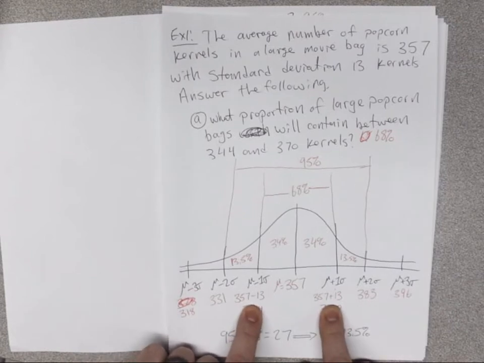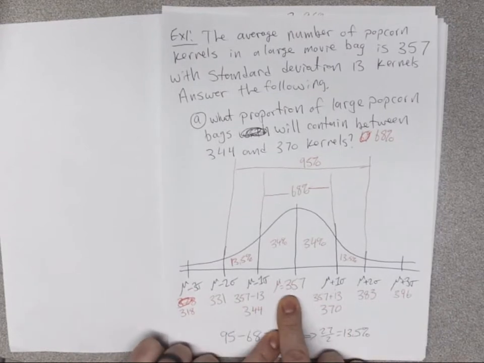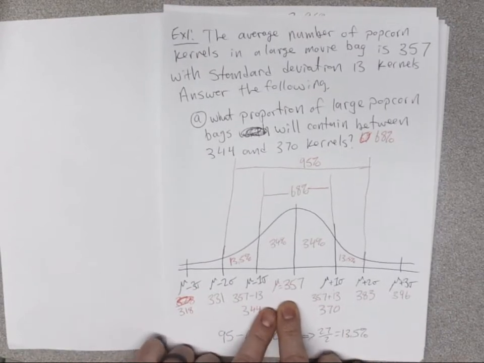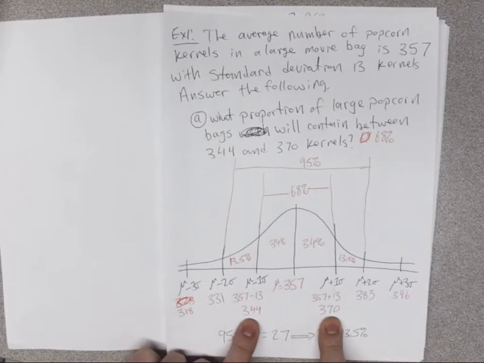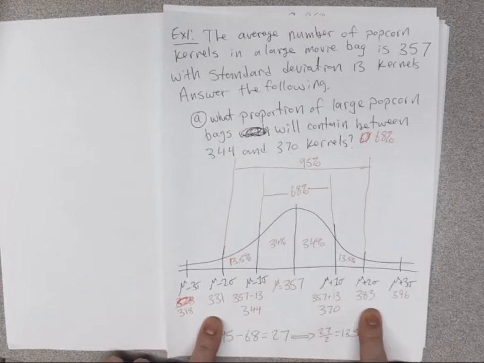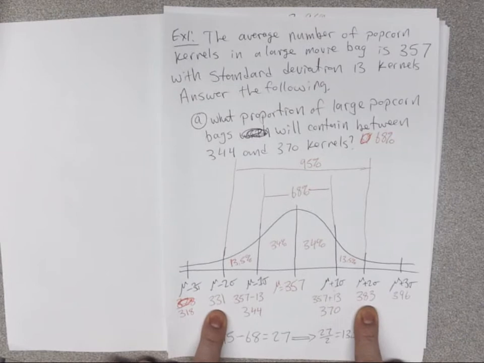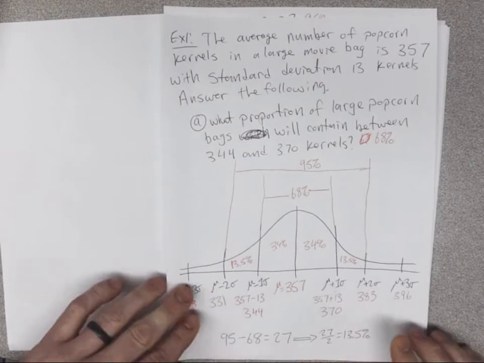And then below there we actually computed what these were. We said the mean was 357, and then to go to 1 standard deviation, either way we just subtracted and added 13, so you get 344 and 370, and then we just did that again. Minus 13 this way, plus 13 this way, to get 331 and 383, and so on.